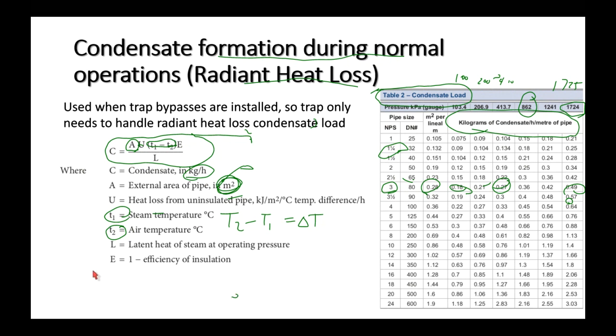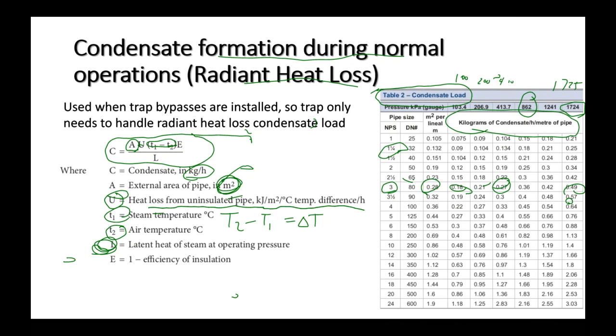But let's take a look, and we know what L is, right? L will be HFG at operating pressure. But let's take a look at U. What the heck is U? It's the heat loss from uninsulated pipe in kilojoules per square meter per degree Celsius temperature difference per hour.